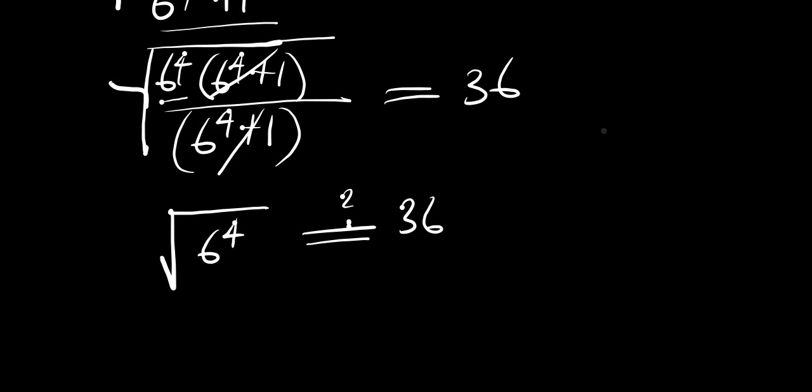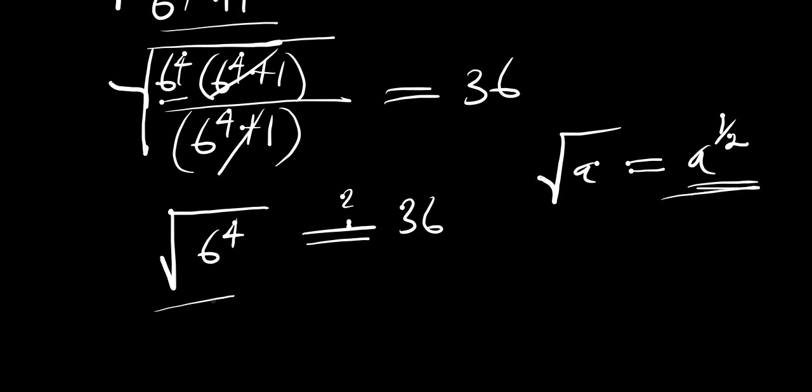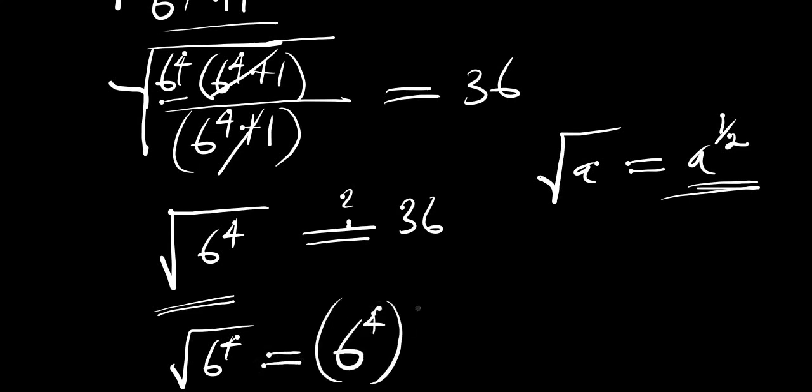So if you have the square root of a, you can write it as a to the power of 1 over 2. So if we apply this identity right here, that means the square root of 6 to the power of 4 simply means we can write it as 6 to the power of 4 to the power of 1 over 2. And we need to find if this will give us 36.